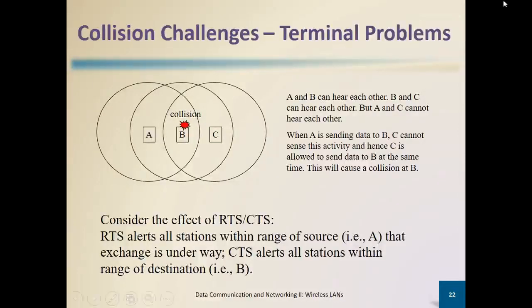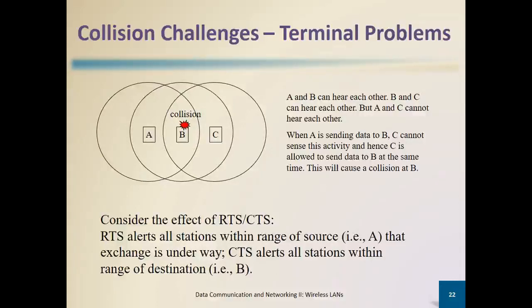So here we do have A and B, or A, B, C, within various propagating cells. In this case, A and B can actually hear each other. B and C can hear each other, but A and C cannot hear each other because obviously they are on either side of a given transmission.